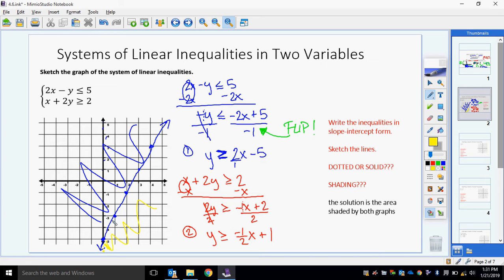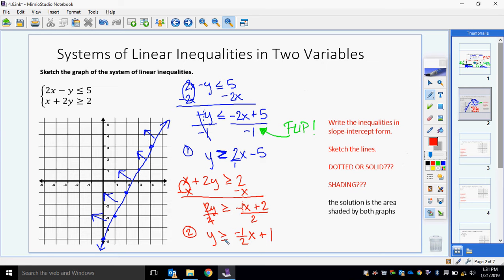Those are smaller numbers. Okay, so which y's are bigger? Well, the y's in blue instead of the y's in yellow. So I am going to be shading above this line. So for now, I'm just going to draw arrows above it. So I remember I want to shade on that side for the blue line.